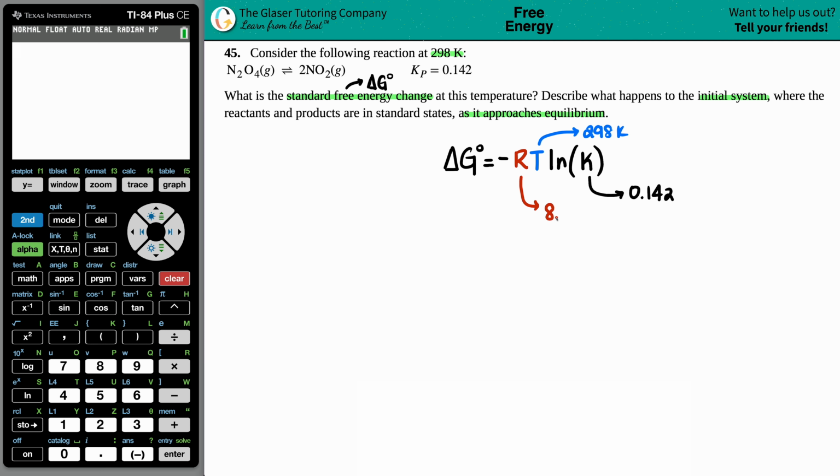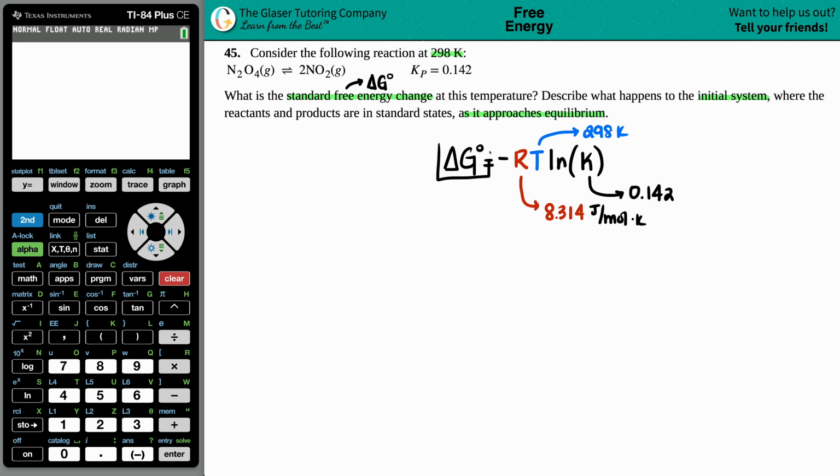That's a standard constant value. The units are joules per mole times Kelvin. And that's why Kelvin has to match with Kelvin. So if you can guess, what is the unit of the delta G? Well, the R value says that the energy can only be in joules. So this value is going to be in joules.